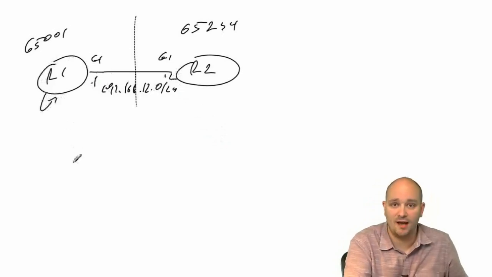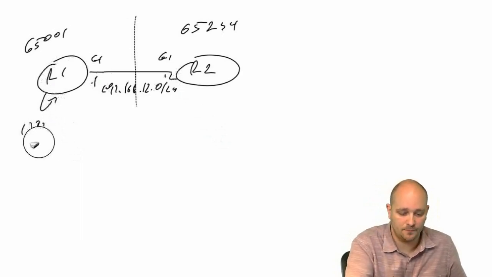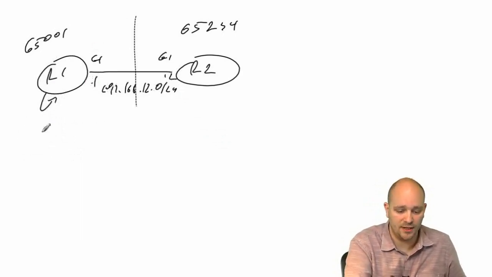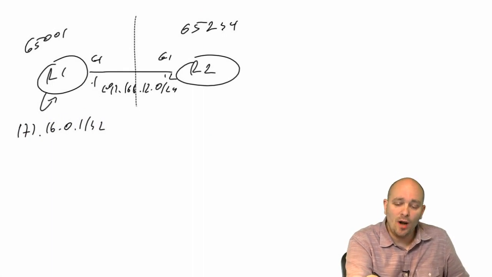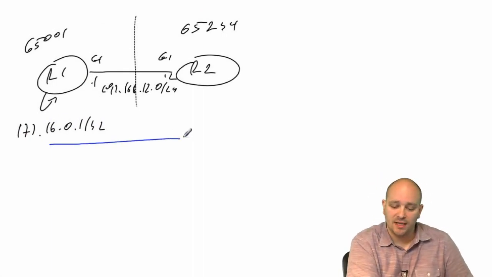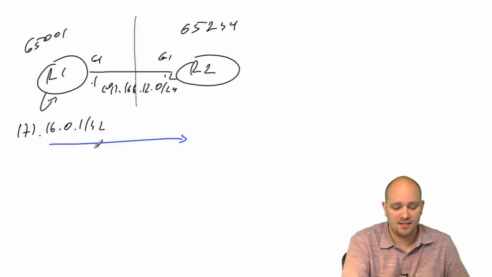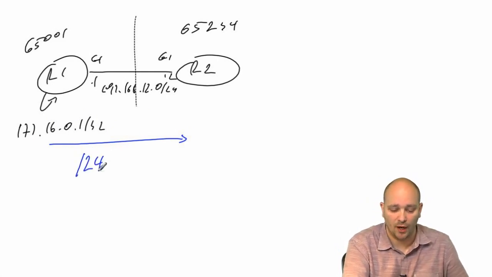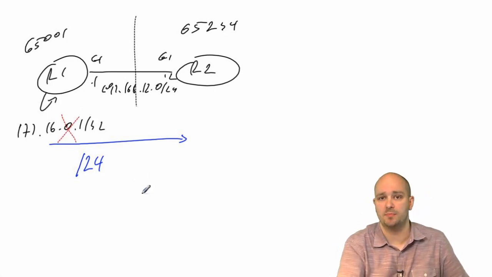On R1, we have a loopback with the address of 172.16.0.1/32. What I want to do now is, when I'm advertising this to R2, I would like to aggregate this as, let's say, /24, and I do not want to advertise this more specific.